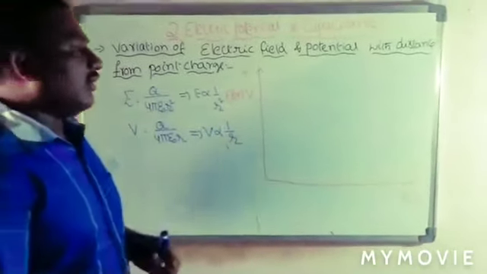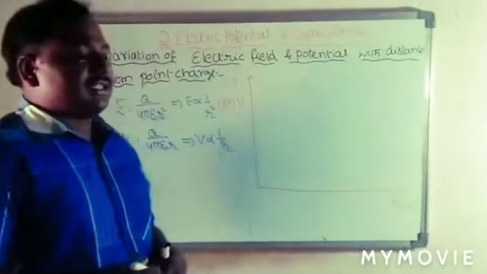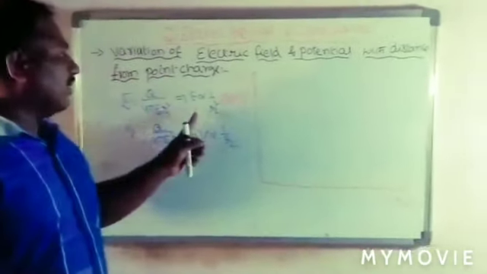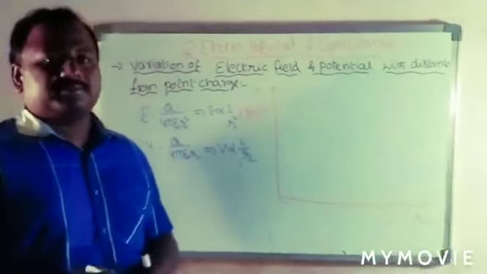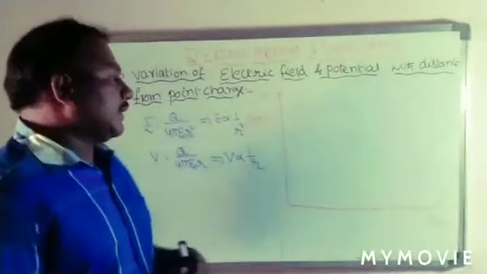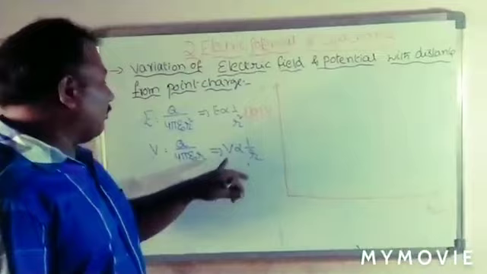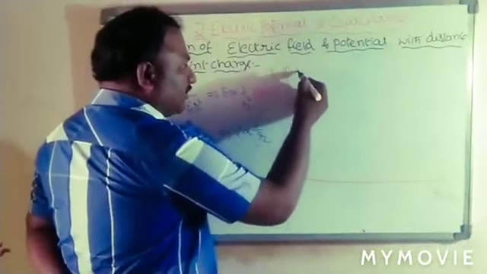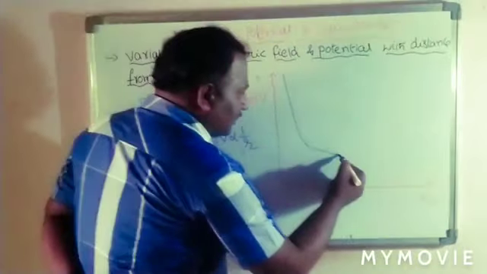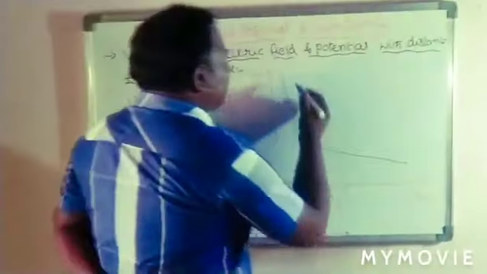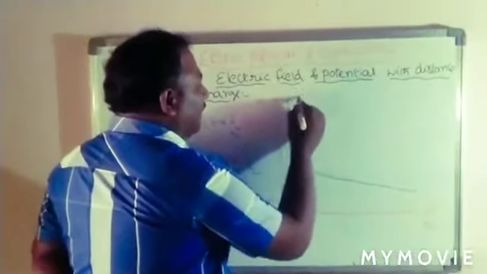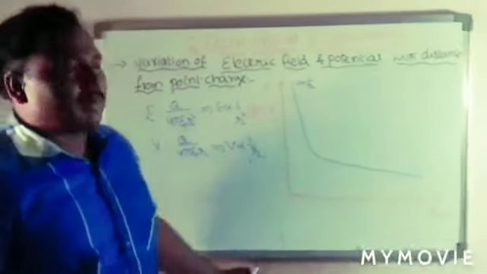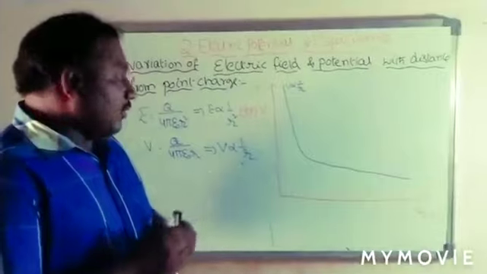Now we draw the graph of how the field and potential are varying. First I draw the graph for electric potential. The variation of potential is in this manner. Here V is directly proportional to 1 by R, or V is inversely proportional to R. Now how is the field?